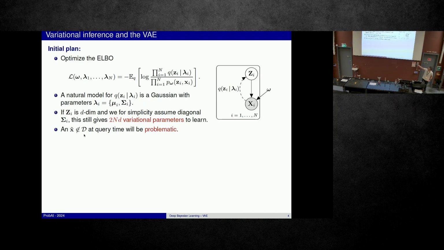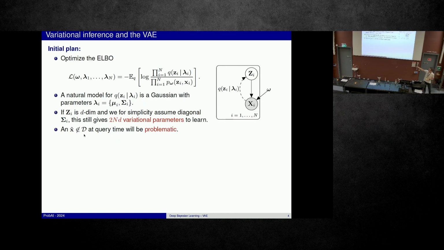So d corresponds to the number of latent variables, 2 because we have these 2 guys up here, and we want to calculate a variational distribution for each of our data points. So that means that we have n in total of those. And that's a bit problematic, that we have a number of variational parameters that increases that way with the number of data points that we have.